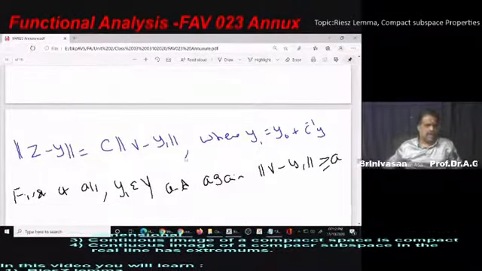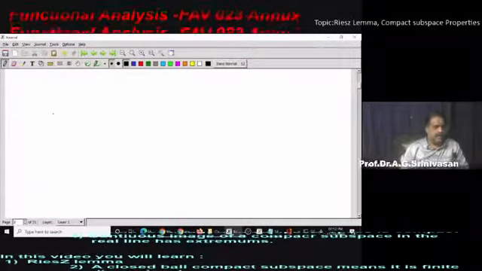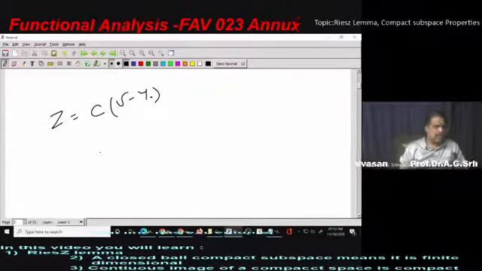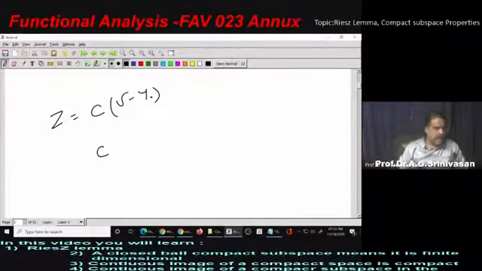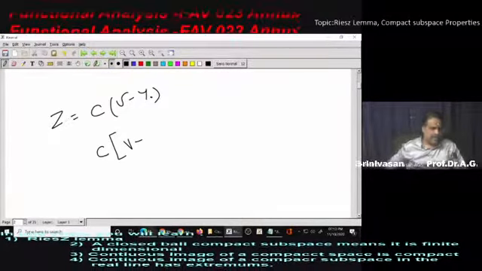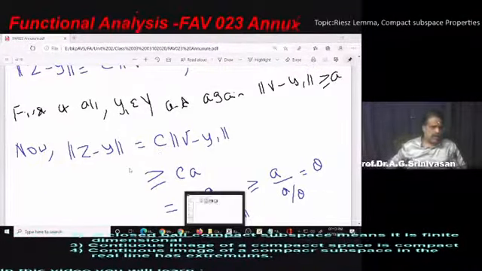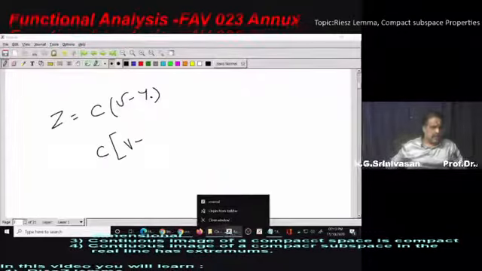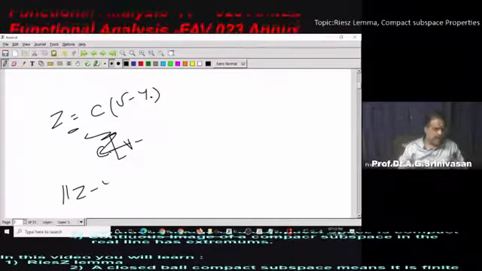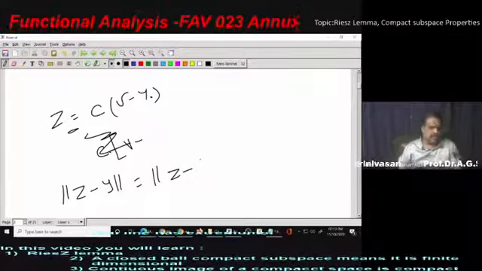Let me explain this once again in this step. So what is your Z? This is C times V minus Y naught. Now we will take C out. So if you just compare the step, we are taking C out. I take norm first and then do this. So what I'll do is I will take norm Z minus Y. You know what Z is?